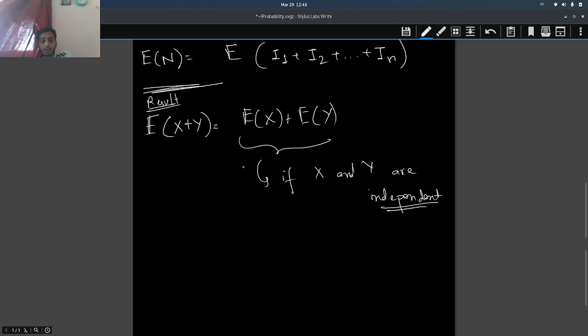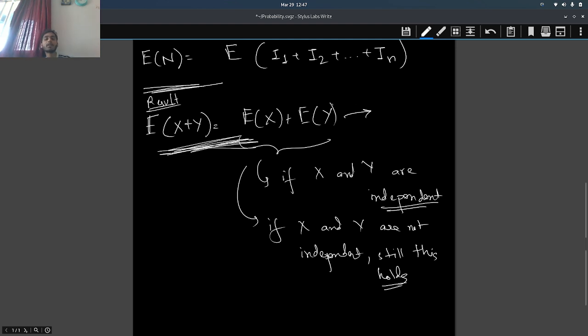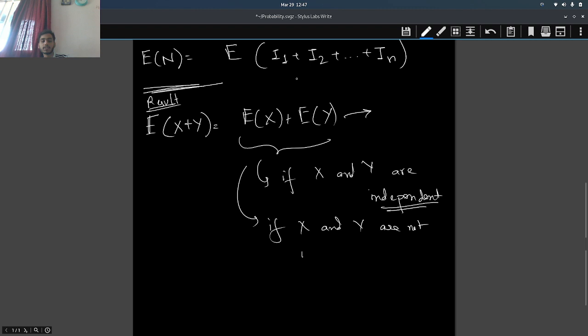But if X and Y are not independent, this still holds. And that is what makes this a very interesting result and helps us solve this. Okay, so let's get back to the question.